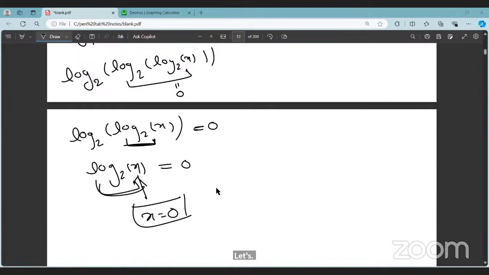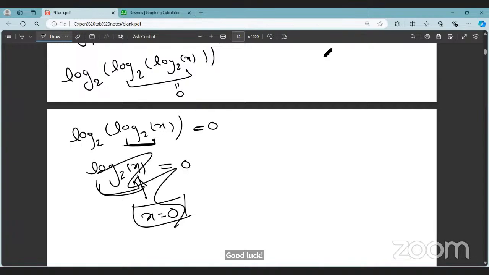Can I say something? Yeah, sure. The innermost log should be 1, so that the third log becomes asymptotic. Right. The innermost log should be 1, because we know that the middle log will then become 0.